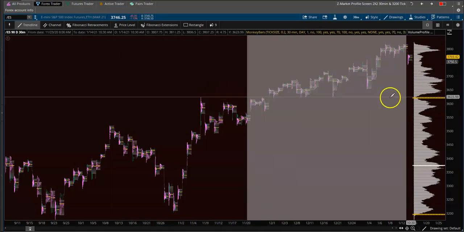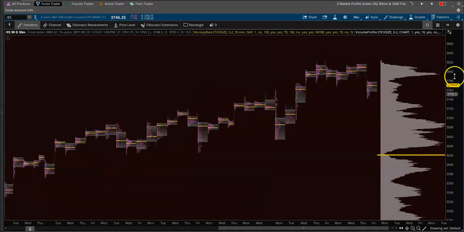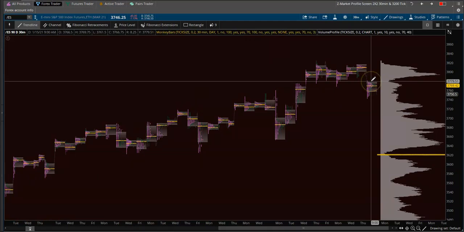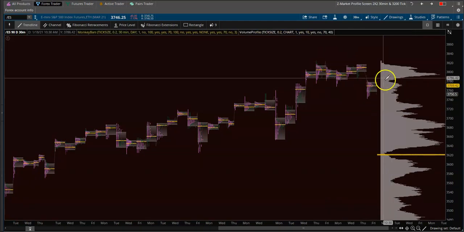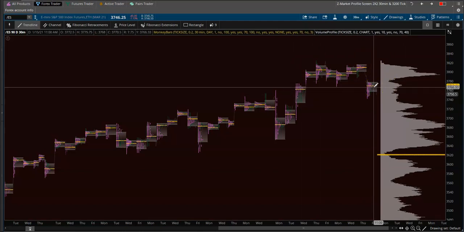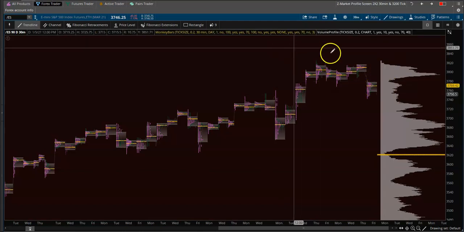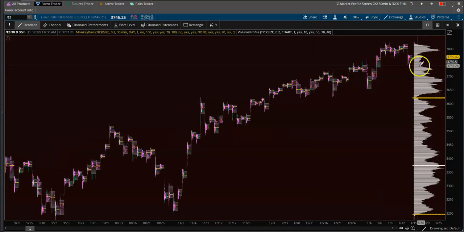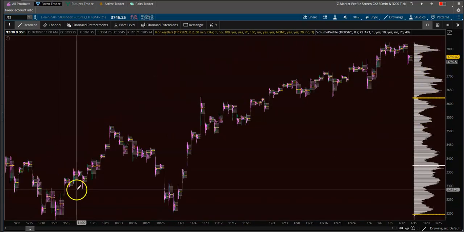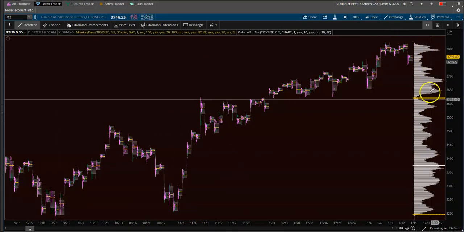They print every 30 minutes, the market profiles, but this is all one day. We're just looking at a consolidated 30 minutes. Then over on the right-hand side, we see all of the past 90 days, all the price action right here.